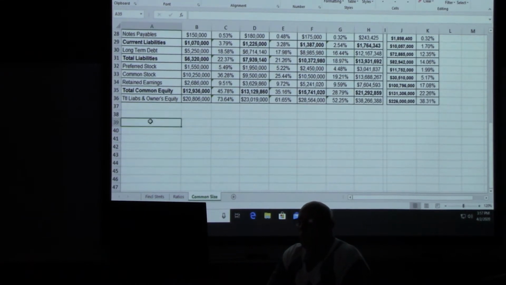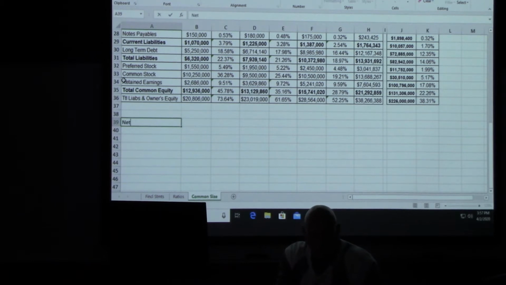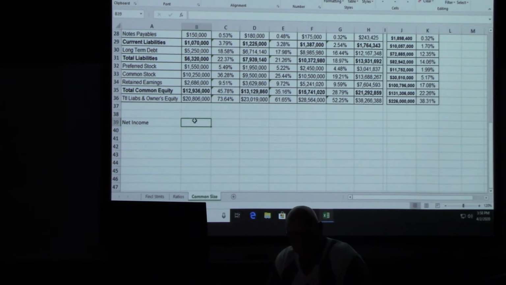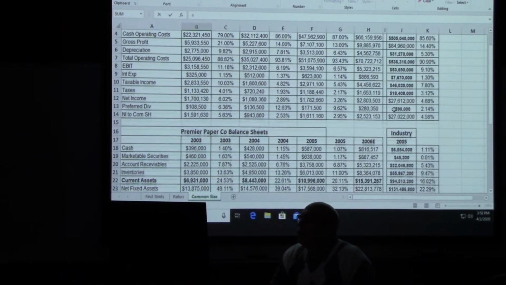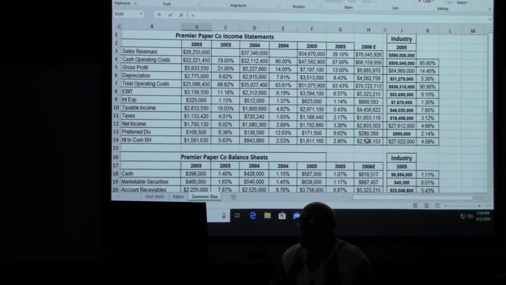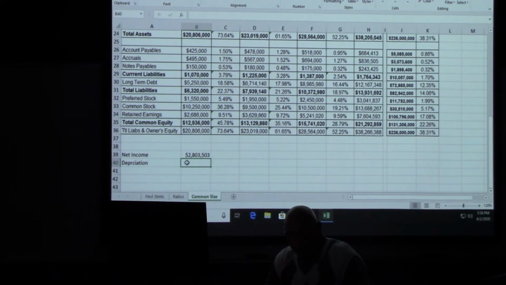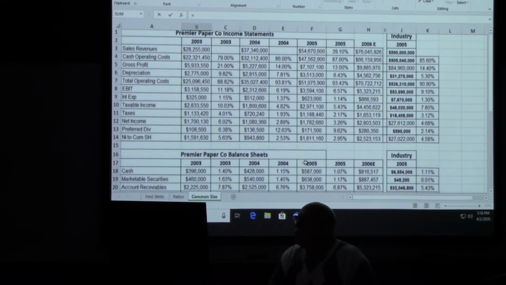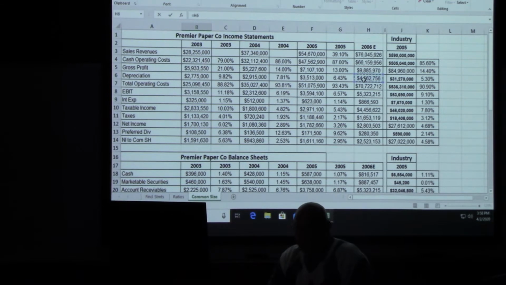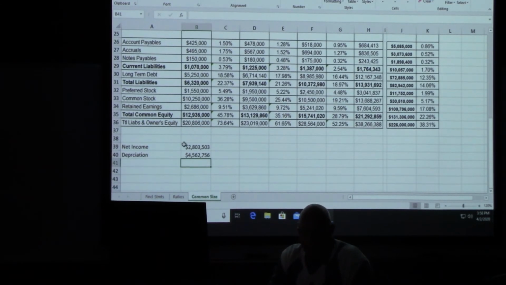So we do net income, right there, depreciation, there, add those two.